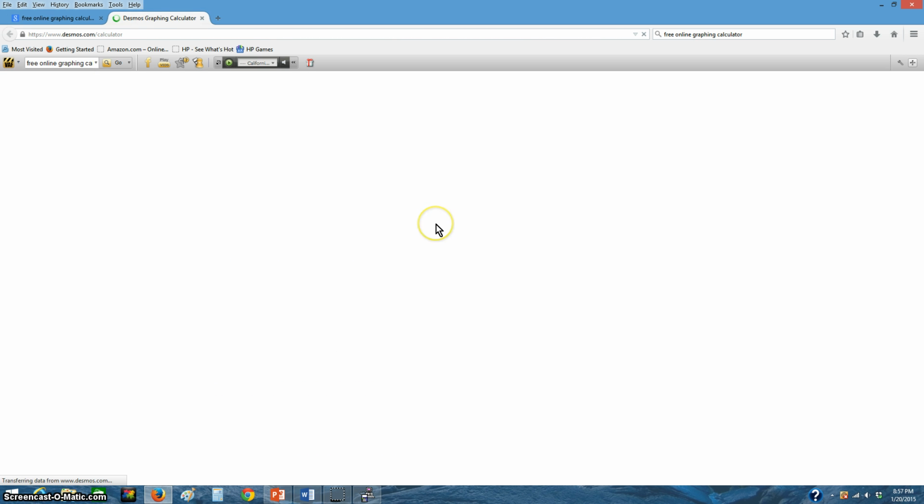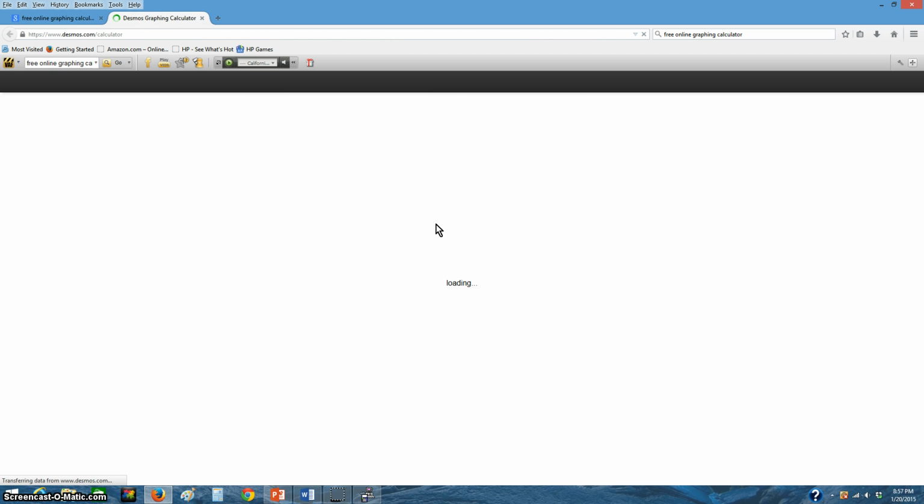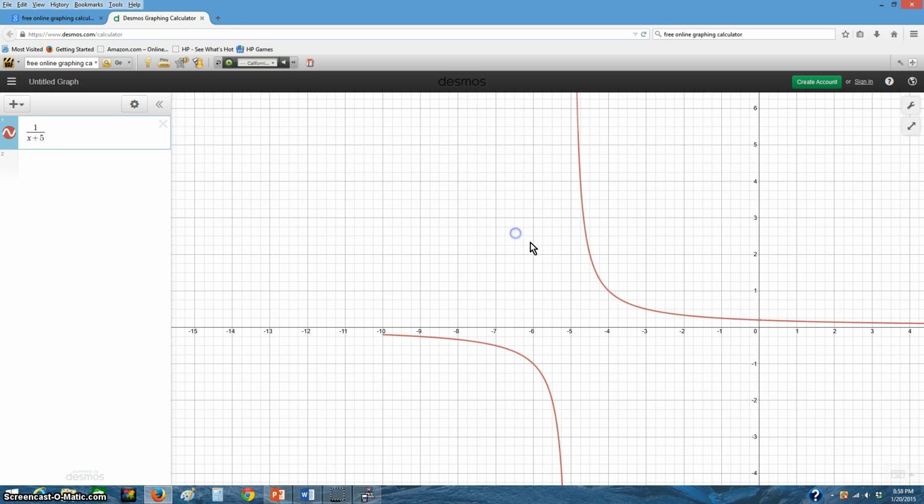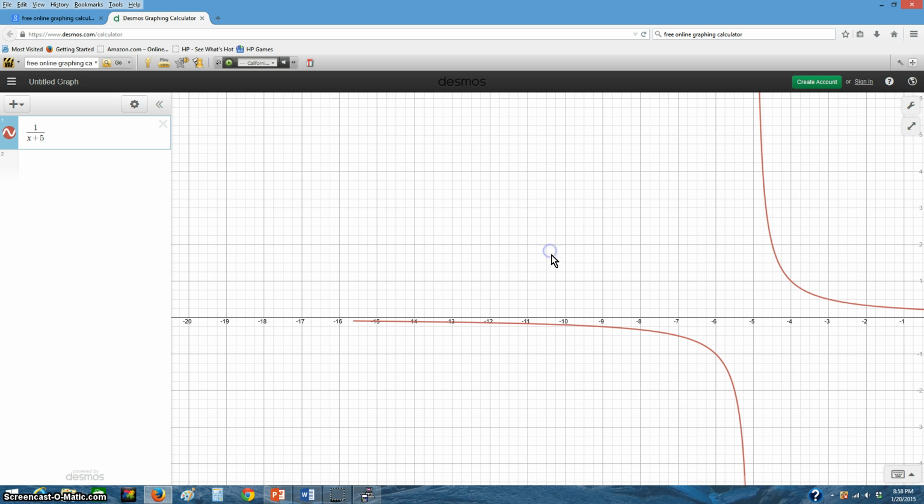Okay, so here we go. Let's use this one. It says that I can graph the equation on here. So let's graph 1 over x plus 5. Okay, perfect.